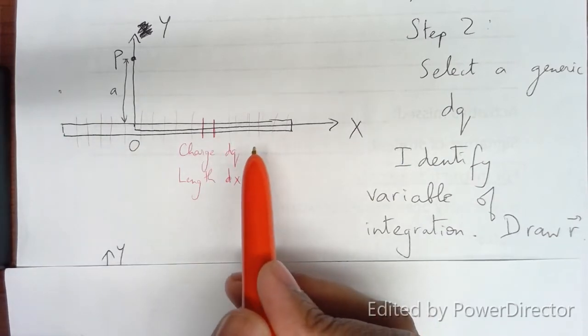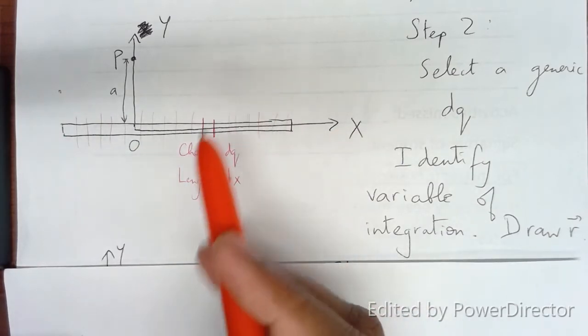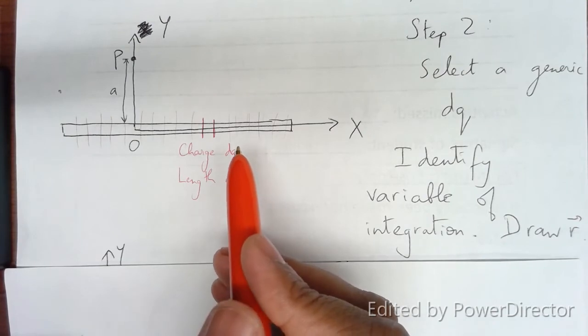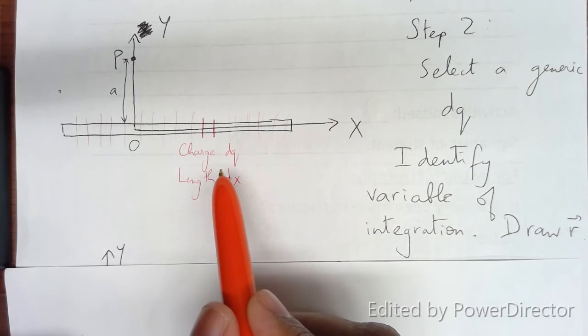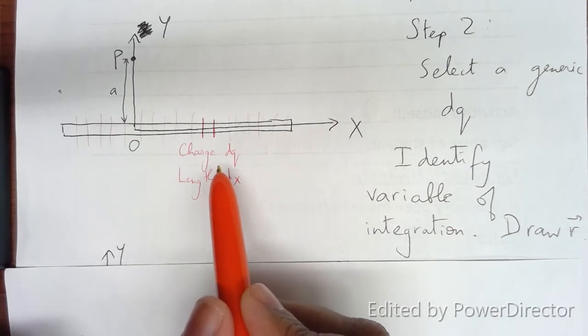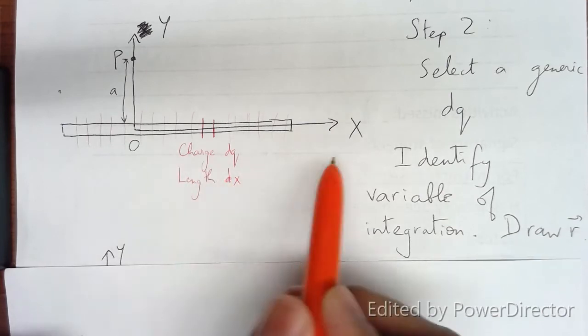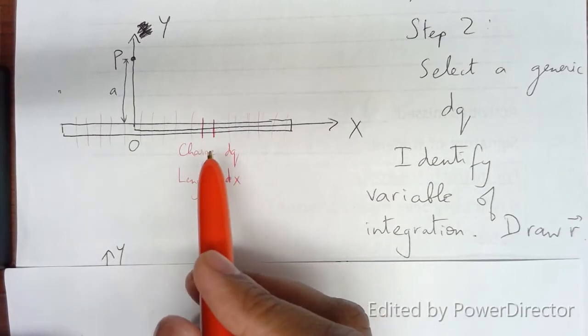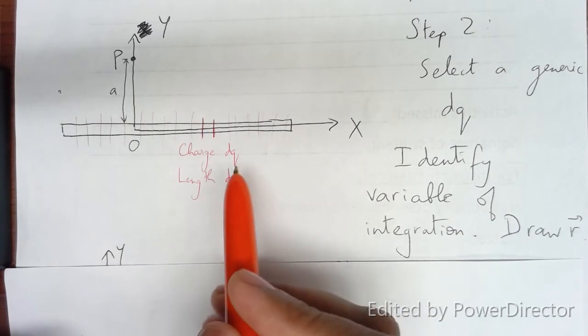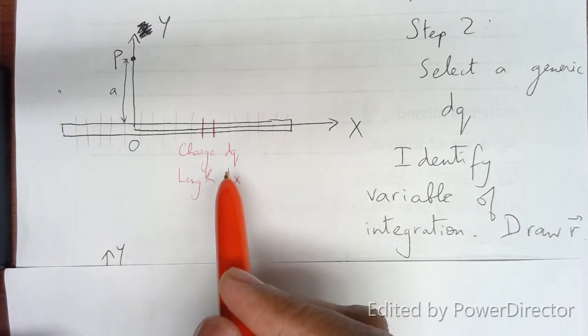integration. And you might need to go back to step 1. You like to choose your axes in such a way that, if possible, you have only the dq moving along only one axis. But if you're dealing with an area, for example, then you will need it along 2 axes and so on. But yes, you try to adapt your axes to the problem.